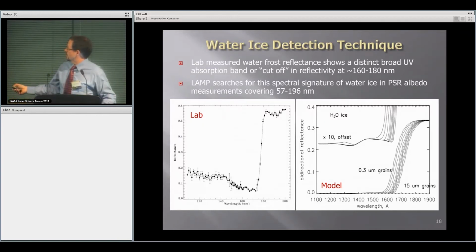And the LAMP wavelength range that it covers is 57 to 196 nanometers. And so we're well posed to measure off-band and on-band reflectance signals to search for any water frost that could be on the surface. So that's the idea of where we're driving with these permanently shaded region measurements. Next slide, please.